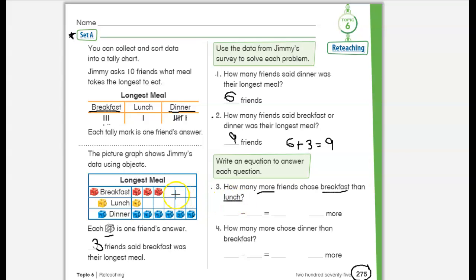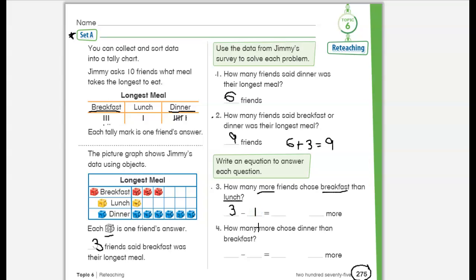How many friends chose breakfast in the picture graph? 1, 2, 3. We are going to write that total number at the beginning of our equation. 3 minus. Now let's look at lunch. One student said that lunch was their longest meal.